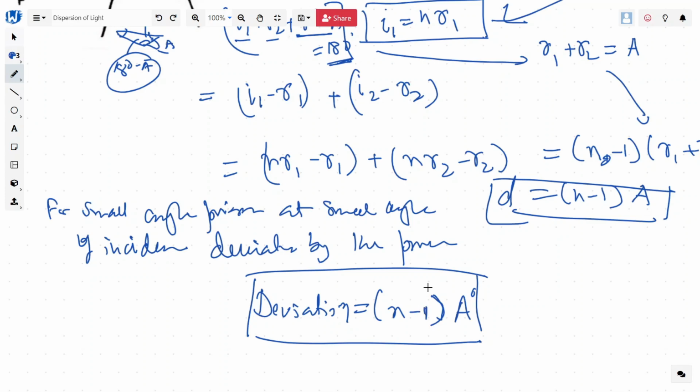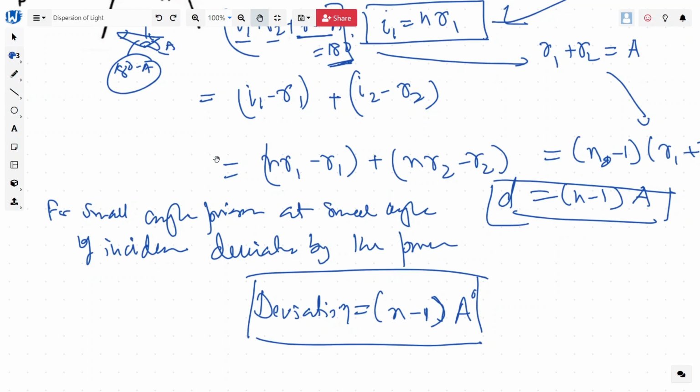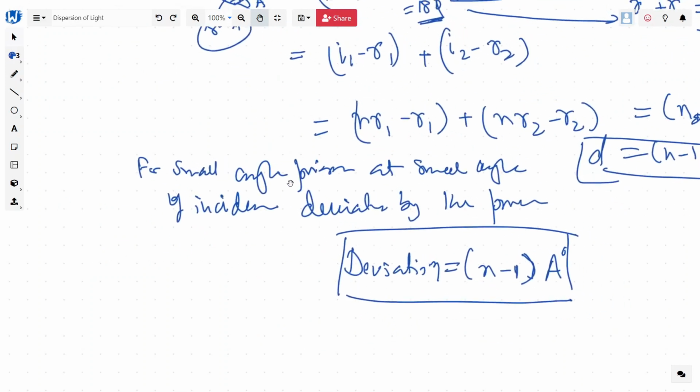So now with this formula, as we said earlier, in case of dispersion, let's define a few definitions here. We said that dispersion is nothing but the angle of deviation.